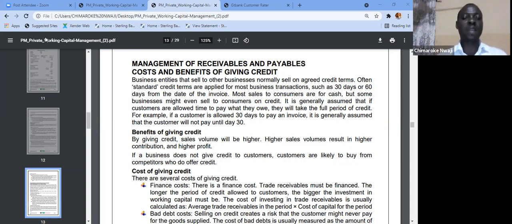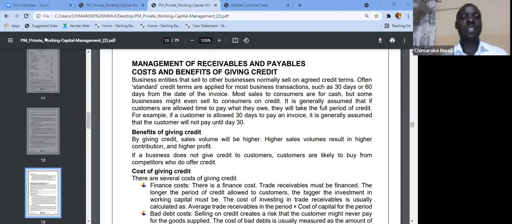If a customer is allowed 30 days to pay an invoice, it is generally assumed that the customer will not pay until day 30. Of course, it plays out that way. If ICAN tells you that you have until the end of the month to pay your exam fee, otherwise you will not write the exam, some people will wait until the last week, or until the last day before they pay.